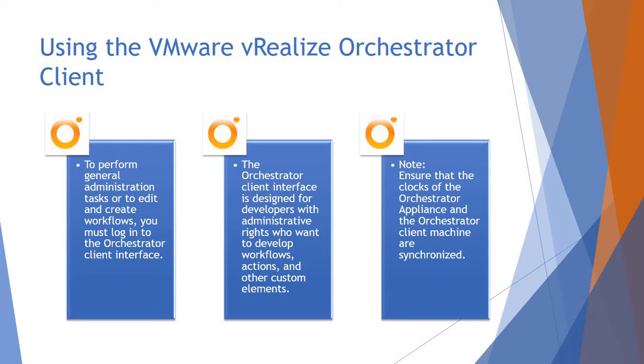The Orchestrator Client interface is designed for developers with administrative rights who want to develop workflows, actions, and other custom elements. Note: ensure that the clock of the Orchestrator appliance and the Orchestrator client machine are synchronized.